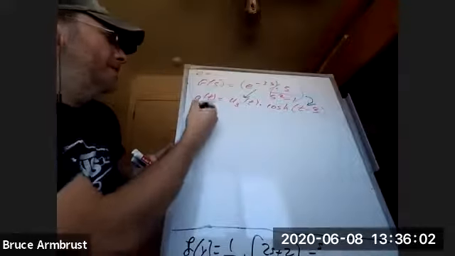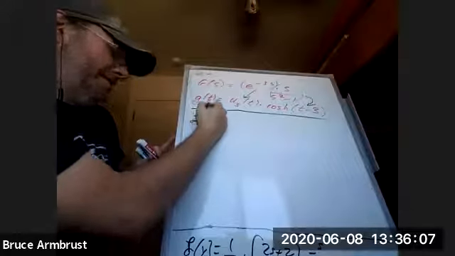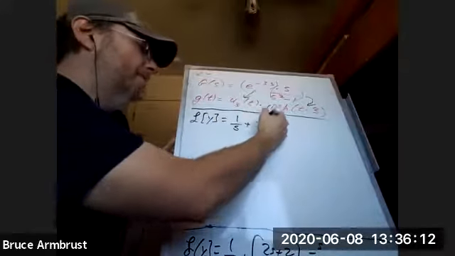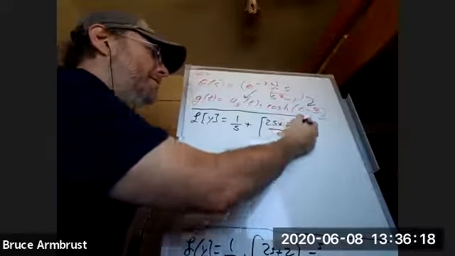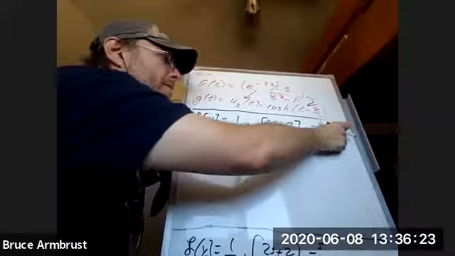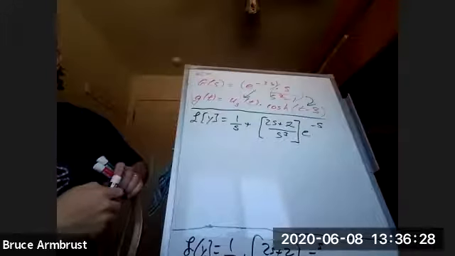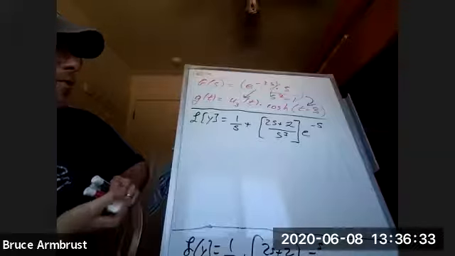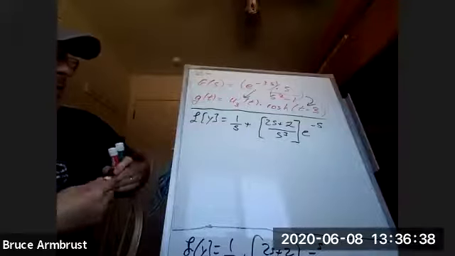We had gone through one of these and found this Laplace transform for the function y. But now we're ready to actually go backwards and figure out what y equals. So let's see if we can do that.